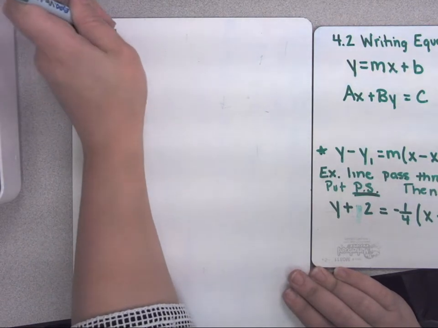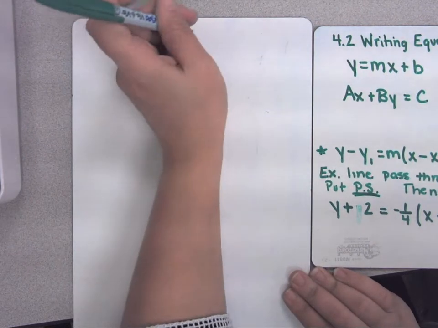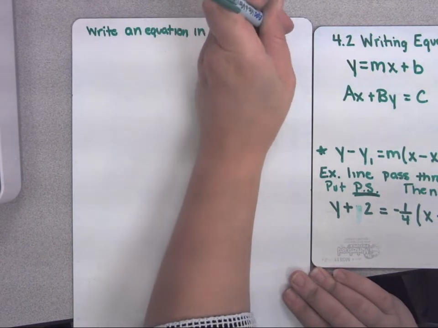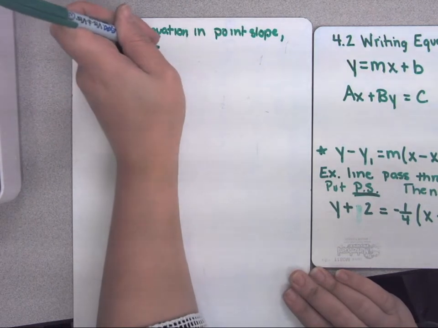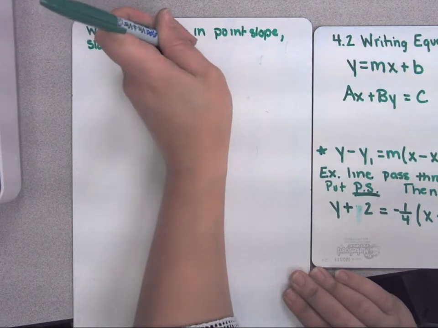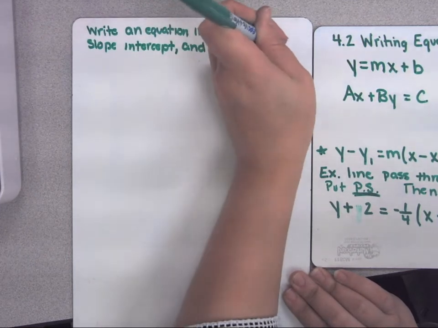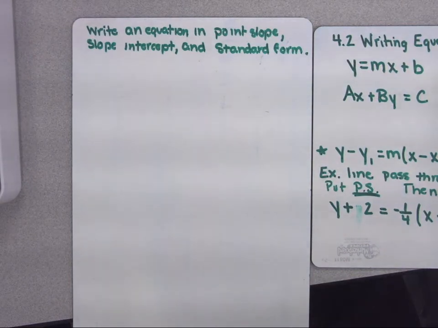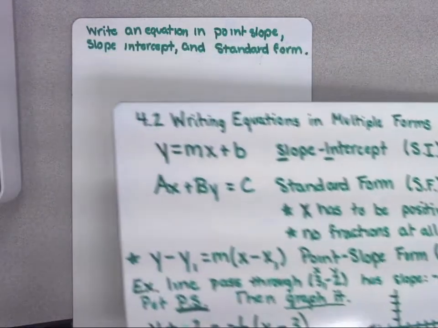Write an equation in point slope, slope intercept, and standard form. So this one, they put it in the order you should do them. Will they always, though? No, which is why on our notes we went through which one we should do first.